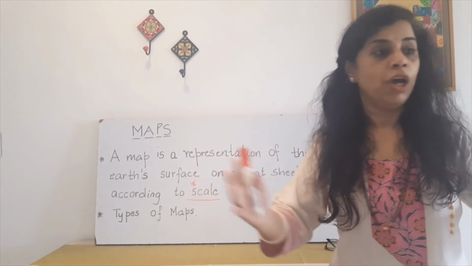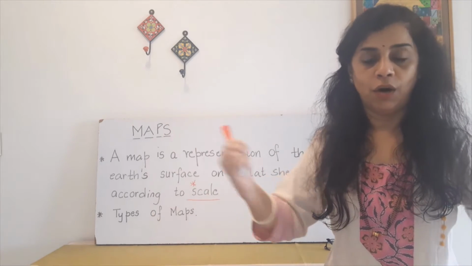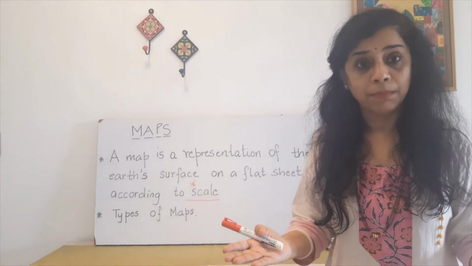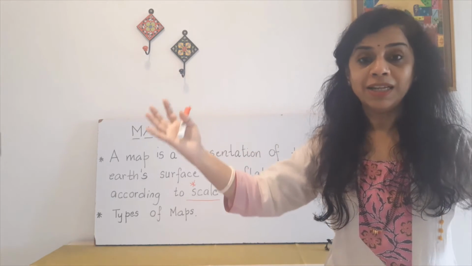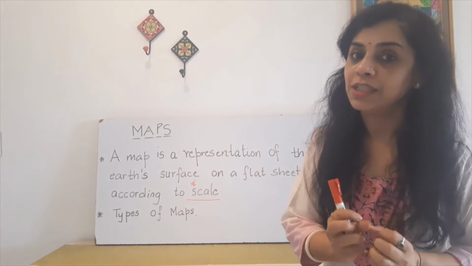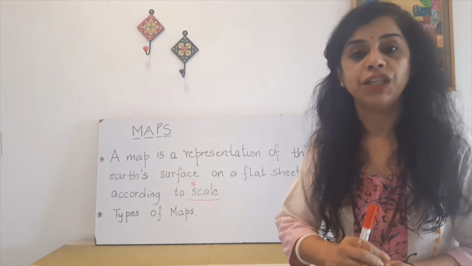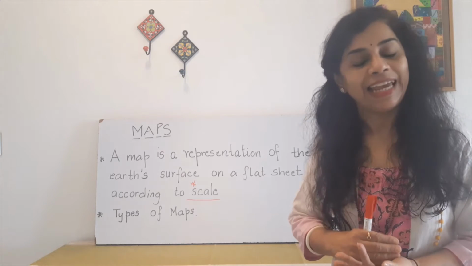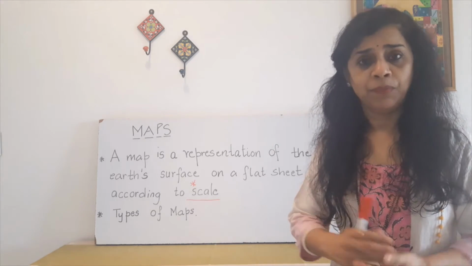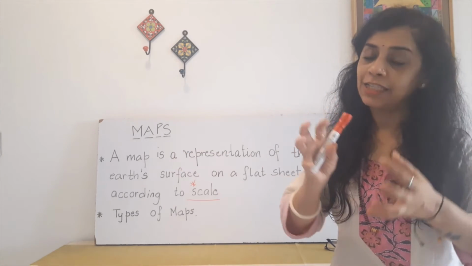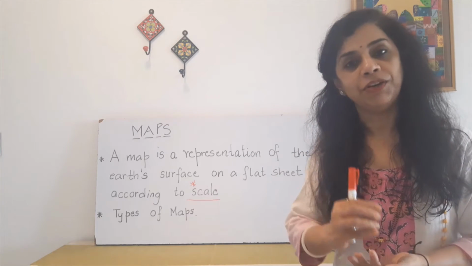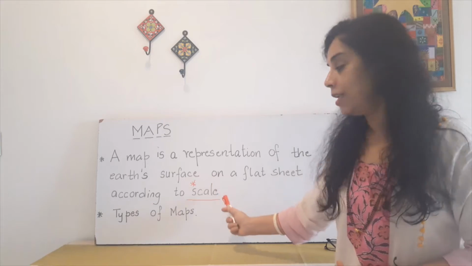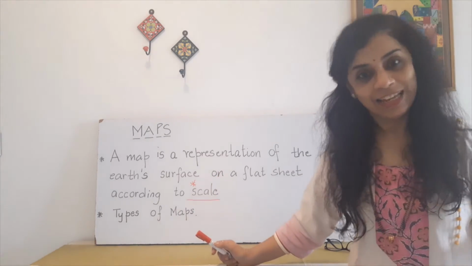If I tell you to draw a map of India in your books, you cannot draw it like that, because you need a scale, because you have to reduce it in a proper ratio or in a proper proportion. So a scale is very necessary. Anything which is larger and has to be reduced, it has to be reduced according to a proper scale. Alright, we'll learn about the scale in detail later.